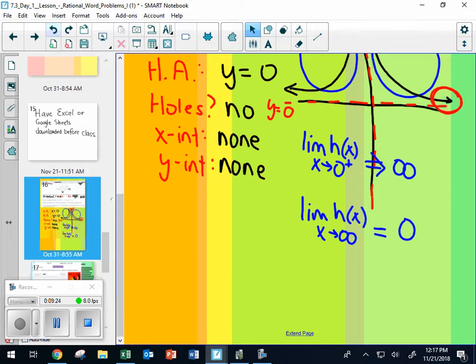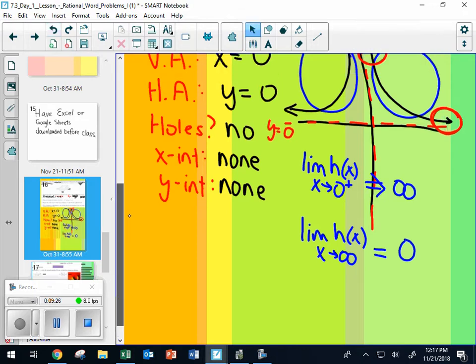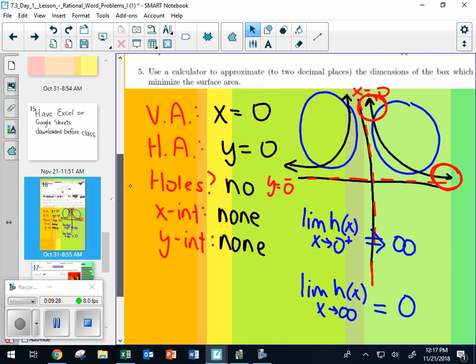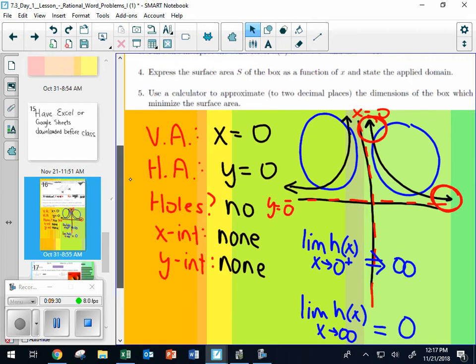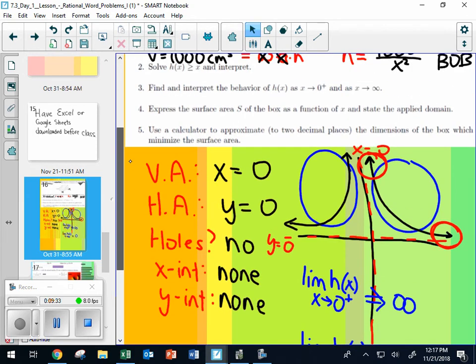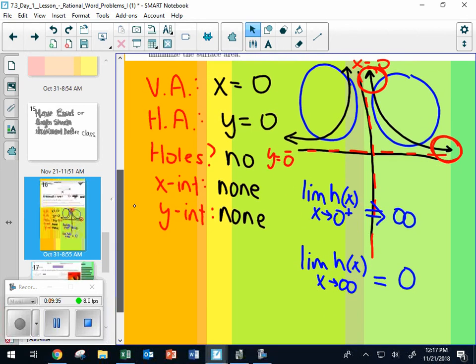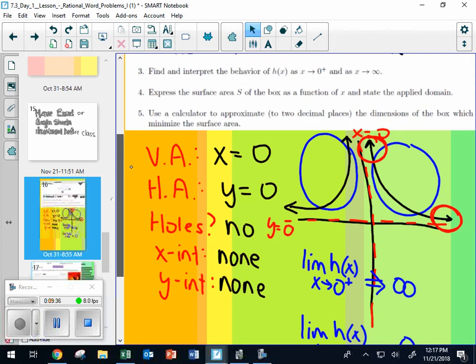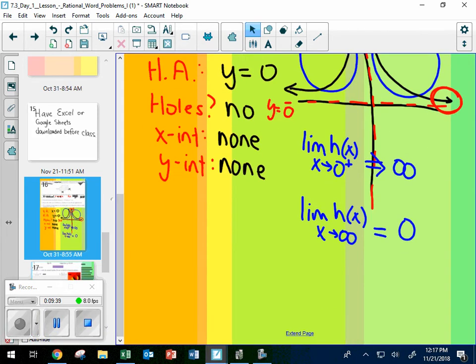Okay? Awesome. We've got our graph. Now what we want to do with our graph here, we have figured out our limits, and now we want to look at the surface area of our box. So if we are looking at the surface area, that's like the area of just the surface, right?